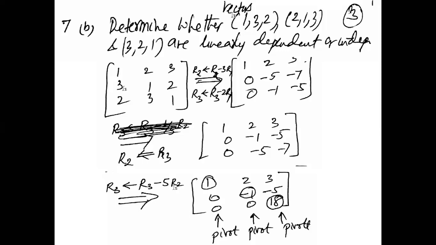Only row operations are allowed. Please don't utilize any column operations. So we apply the row operations. So R2 I write as R2 minus 3 R1, and R3 as R3 minus 2 R1, and the matrix comes out to be this matrix.